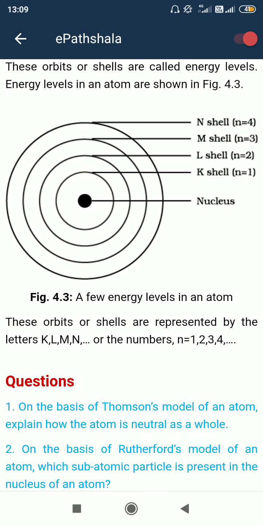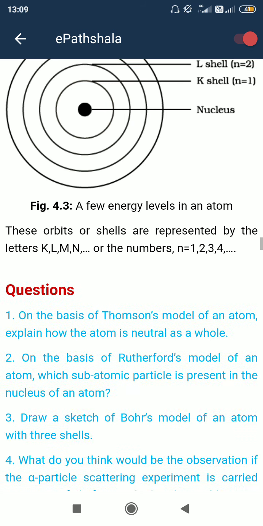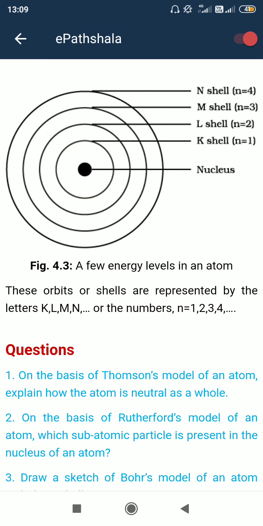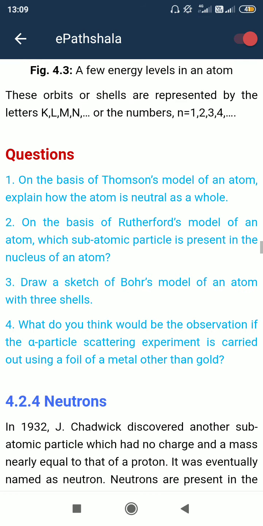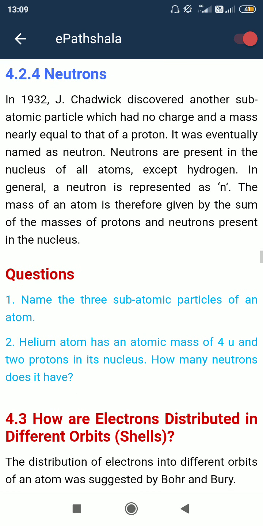So electrons are moving in a specific orbit, with specific energy, in discrete orbits, surrounding the nucleus. The nucleus contains proton and neutron. Proton is positively charged, neutron does not have any charge. I have already discussed the neutron.